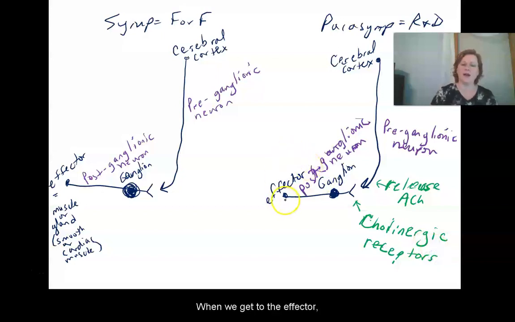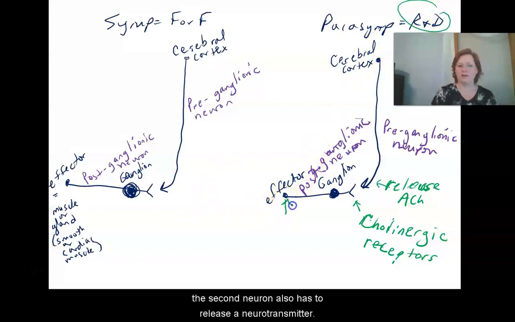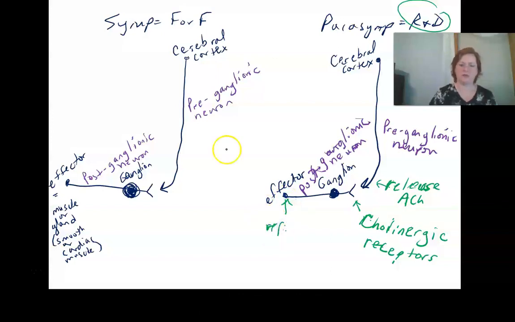When we get to the effector, again, remember we're in rest and digest mode. The second neuron also has to release a neurotransmitter. So it's going to release ACH as well.